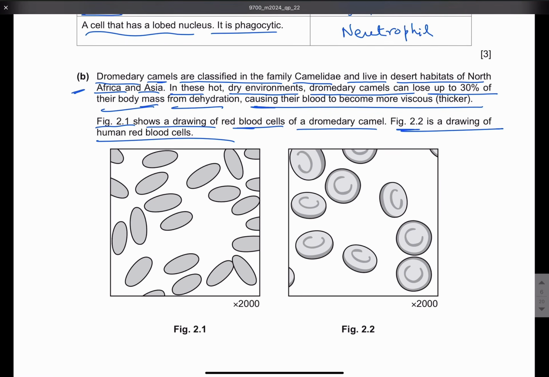So if the blood becomes viscous, it will flow very slowly. So for that, there's an adaptation that the dromedary camel red blood cells are smaller and they are elliptical. So the blood can flow easily without any hindrance, because these cells are very, very small. They will flow easily, even though the blood is viscous.